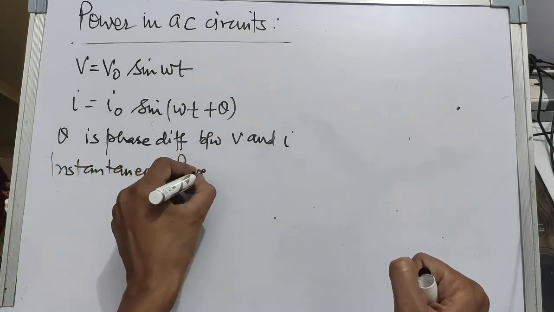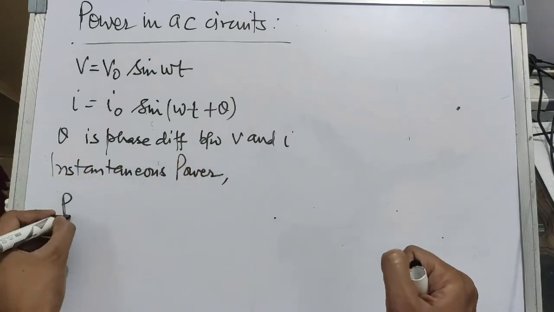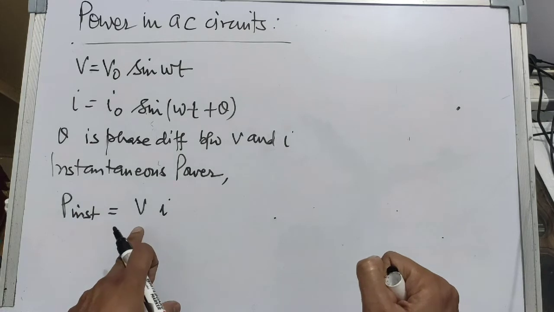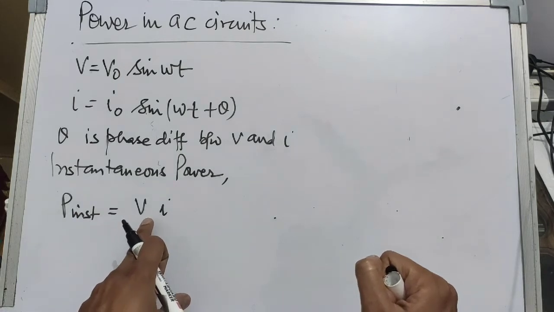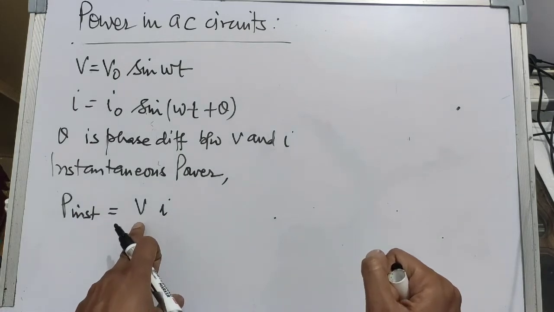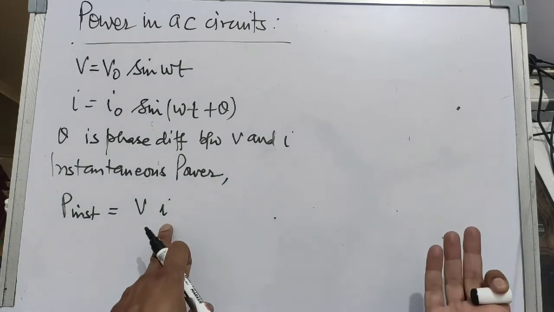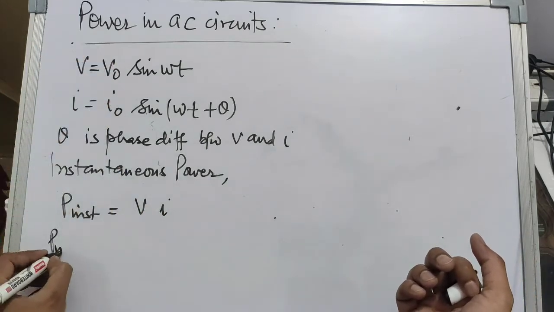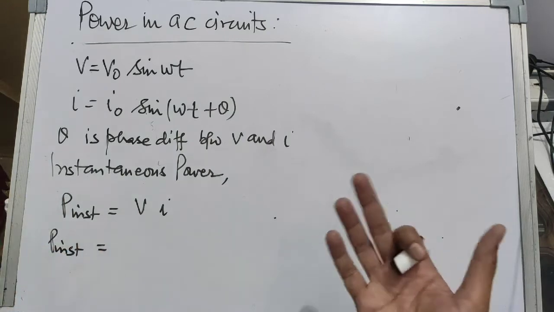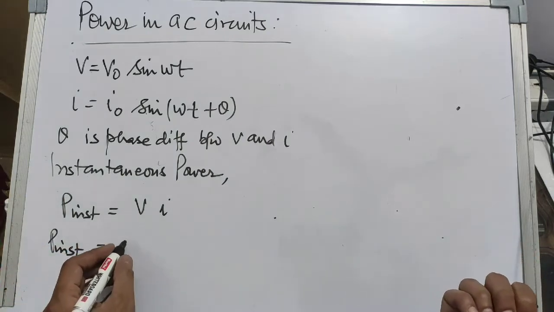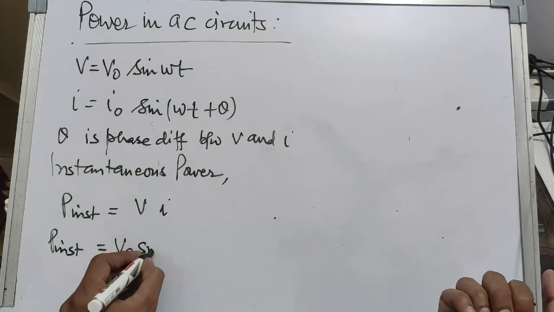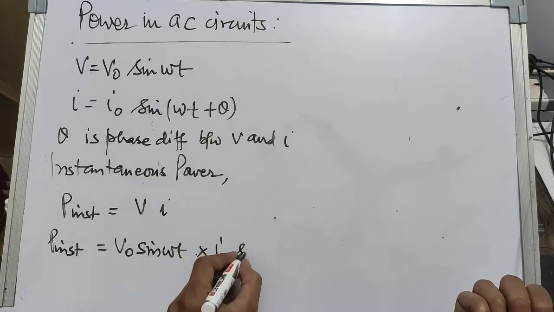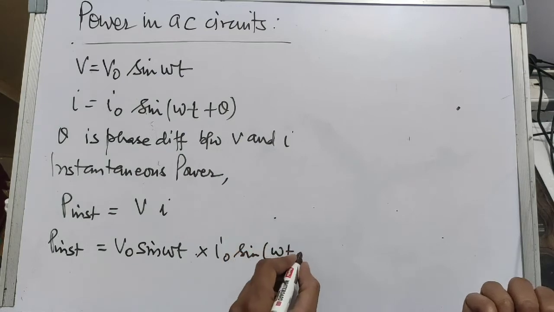So if we talk about the instantaneous power at any instant, it is simply given by the product of the instantaneous voltage and the instantaneous current. Substituting, the power is V naught sine omega t into I naught sine omega t plus theta.